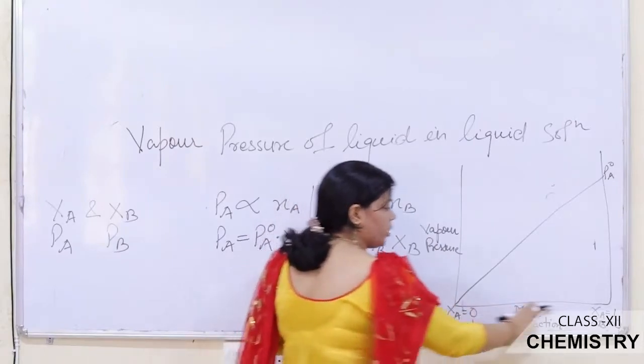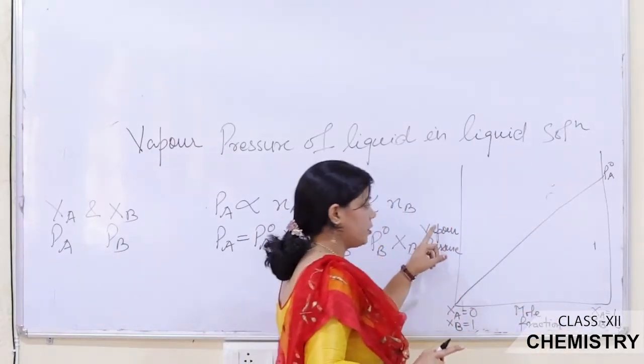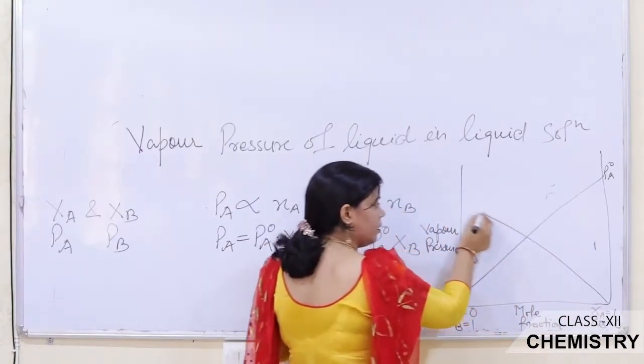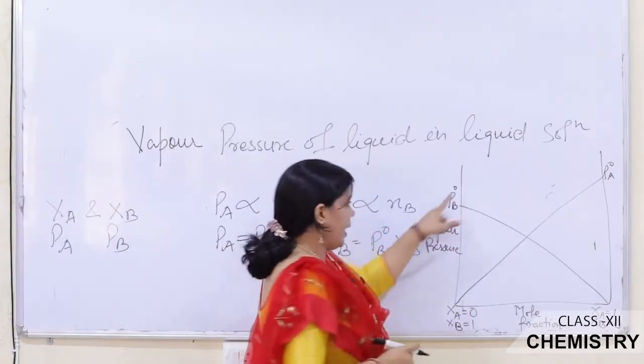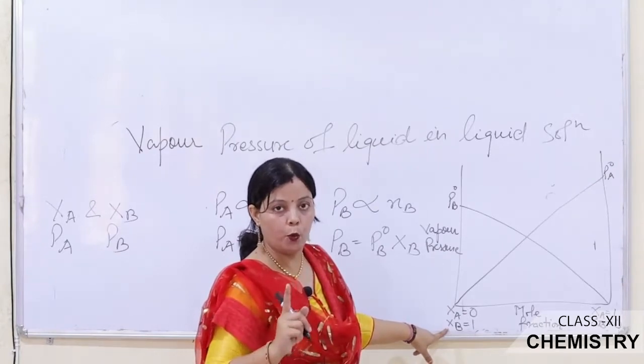Similarly, for component B, when we plot Xb against Pb, we get a straight line which passes through Pb naught, and at that Pb naught the mole fraction of component B is equal to 1.